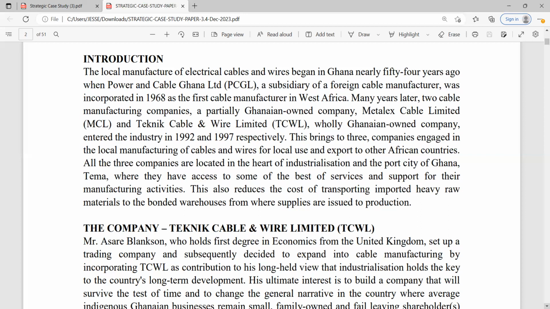At this point, Ghana still has competitive advantage in this particular industry. Very, very important. So all the three companies are located in the heart of industrialization in the port city of Ghana, Tema, where they have access to some of the best of services and support for their manufacturing activities.